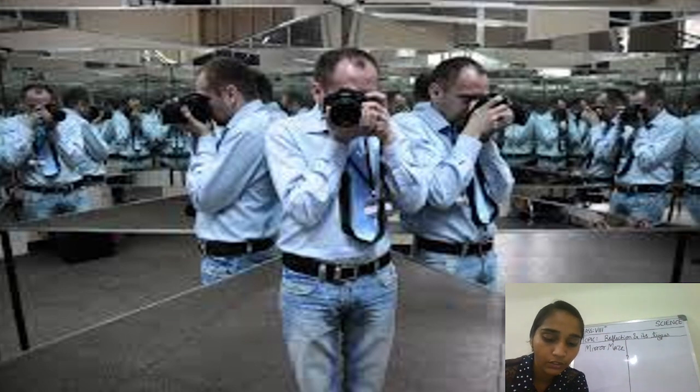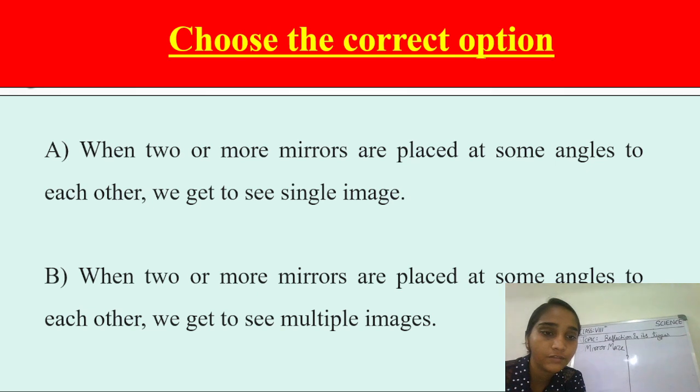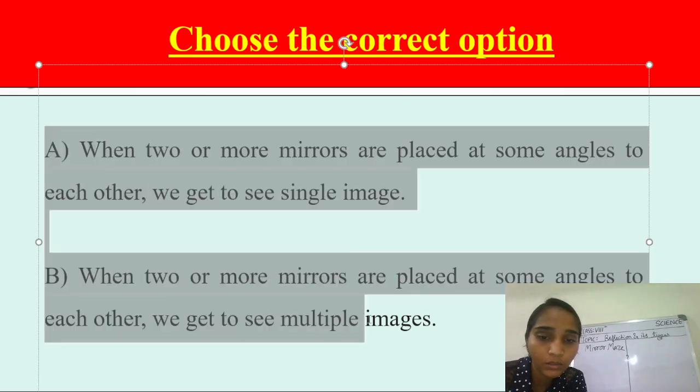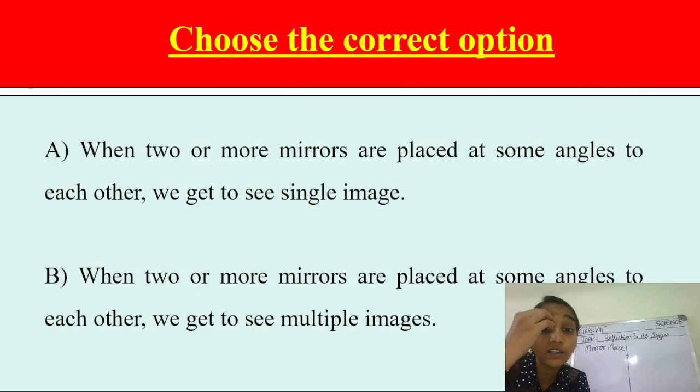Now what you have to do is choose the correct option out of these four: when two or more mirrors are placed at some angles to each other, we get to see a single image, or when two or more mirrors are placed at some angles to each other, we get to see multiple images. What is your take on this?